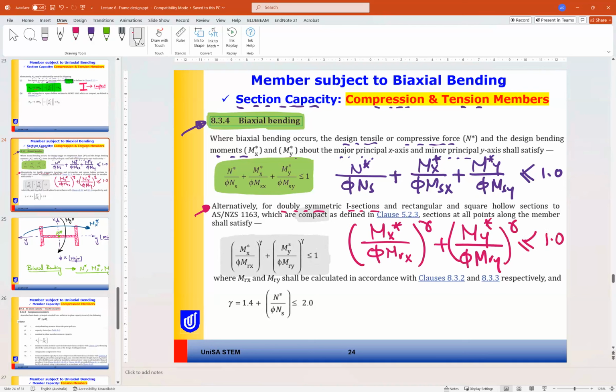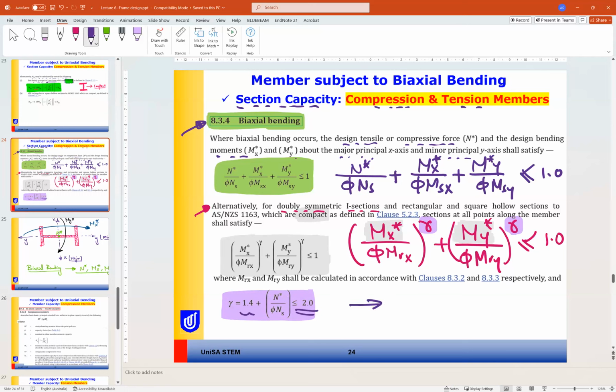In this formula we have the moments only, because gamma will consider the axial load. So gamma shall be calculated using this formula: gamma equals 1.4 plus N asterisk divided by phi N_s, and this value should be less than or equal to 2.